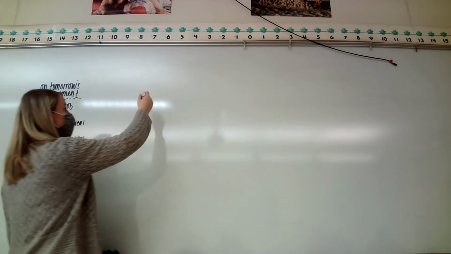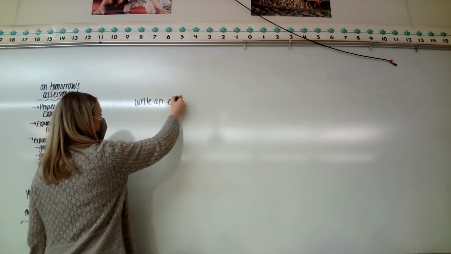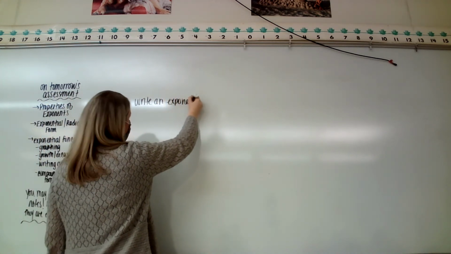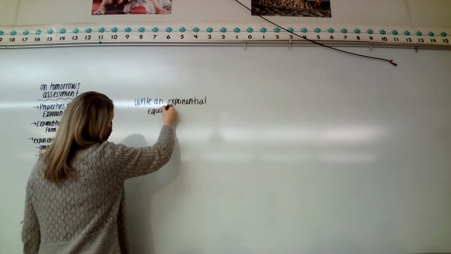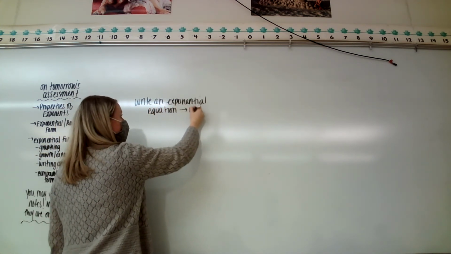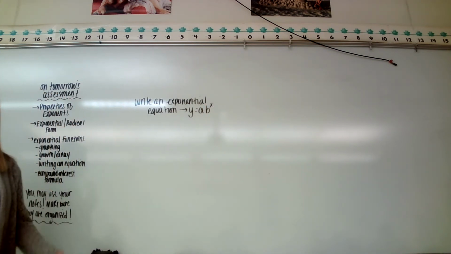I would say write an exponential equation. So you're gonna write one. And just as a reminder, it has the form y equals a times b to the x. And I'd give you some scenario.